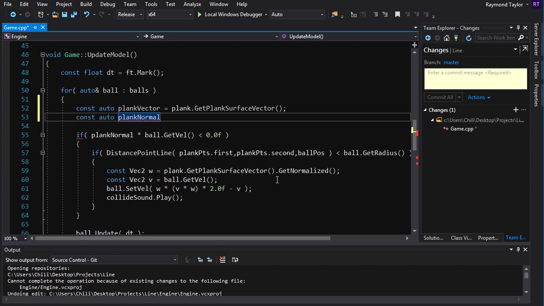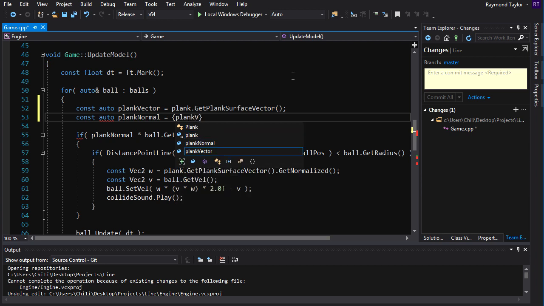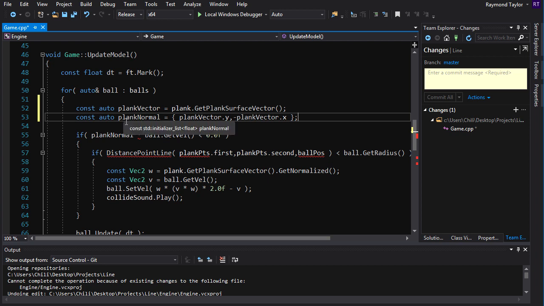I say quote unquote normal because we're not actually going to normalize it, and that's just equal to, well, here x is equal to y and y is equal to negative x. So we've got plank vector dot y and plank vector dot x negative, and we'll put a little semicolon on the end of there, and there you go. We've got our plank normal.